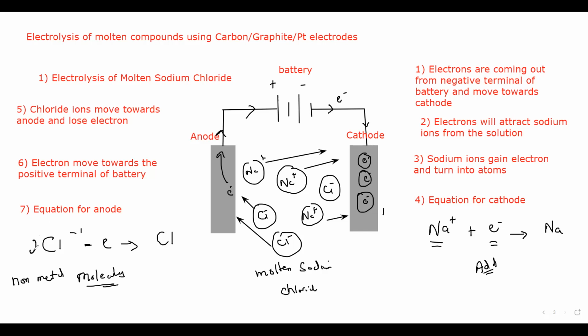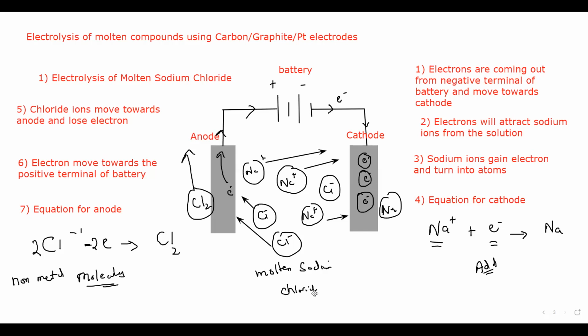When two chloride ions are there, they will lose two electrons and turn into a chlorine molecule. So chlorine molecule is produced at the anode and sodium atoms are produced at the cathode. Is it clear?